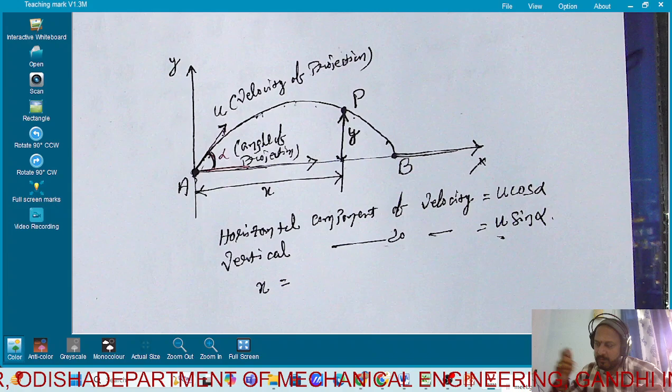Here we are calculating the distance of this particle which has reached this point, the distance from the y-axis. That is your x here. So instead of s, I am putting x. Got my point?